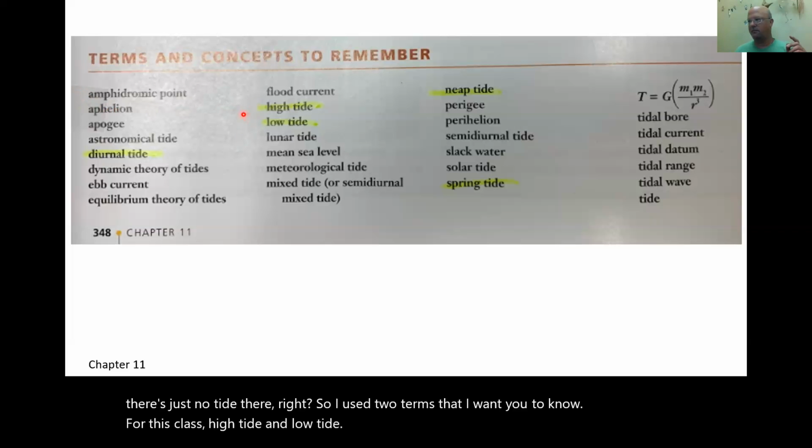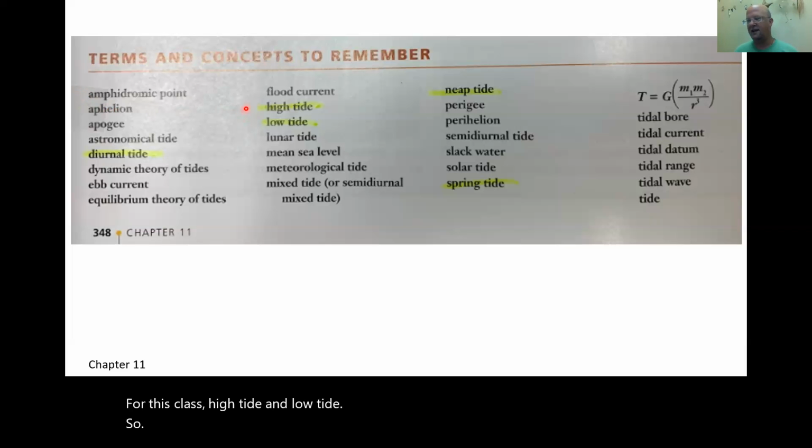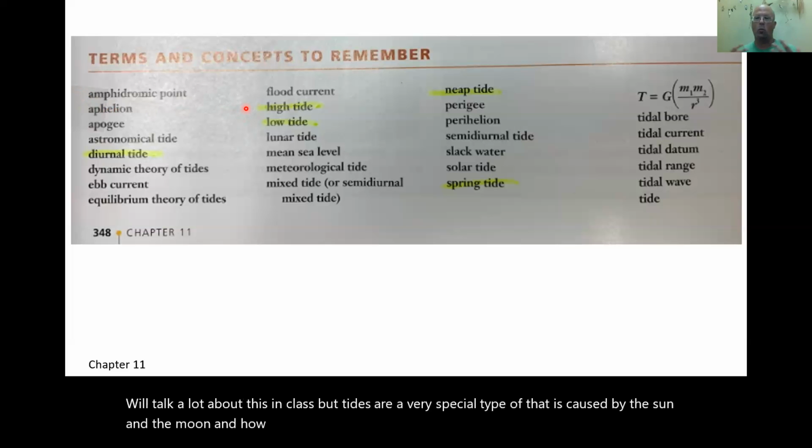So we'll talk a lot about this in class, but tides are a very special type of wave that is caused by the sun and the moon and how they influence water on Earth. I talked about this the other day in class.